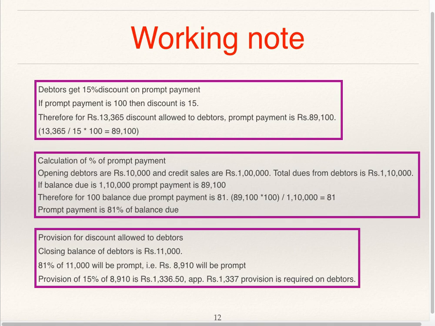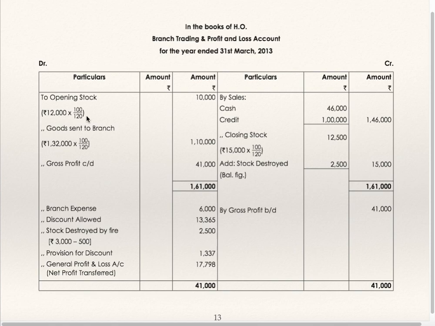Now we'll see the solution. In the books of head office, branch trading and profit and loss account for the year ended 31st March 13. To opening stock at cost, 12,000 divided by 120 into 100. To goods sent to branch at cost, 1,32,000 divided by 120 into 100. By cash sales and credit sales.